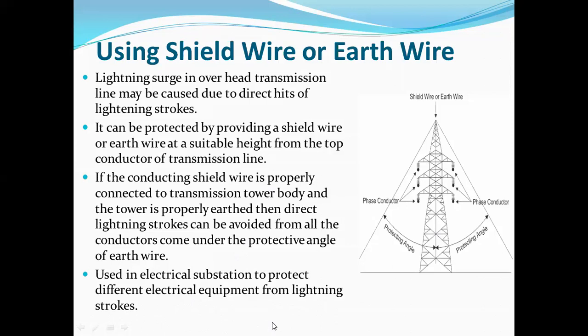So this earth wire is also used in substations for protecting different electrical equipment. So this is the use of the shield wire or earth wire. Then the second method. So everyone got this? Yes or no?